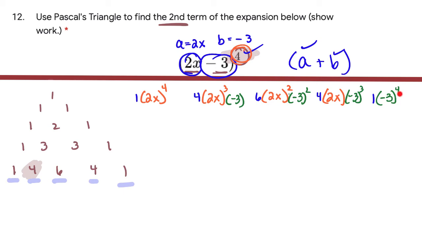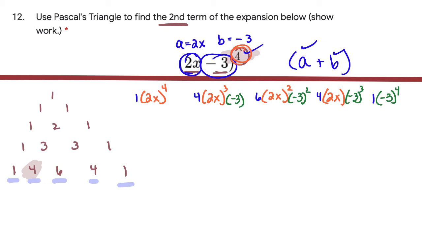So the negative 3 goes 4, 3, 2, 1, none. Now, the way this is generally described, our a term has gone in descending order, 4, 3, 2, 1, none. And our b term has gone in ascending order: no b terms, b to the 0, to the first, to the second, to the third, to the fourth, so it ascended.